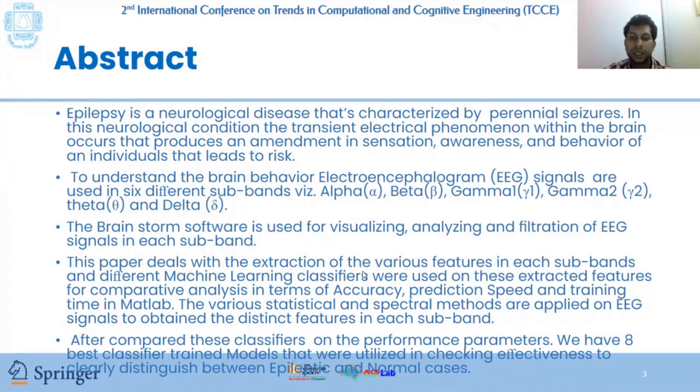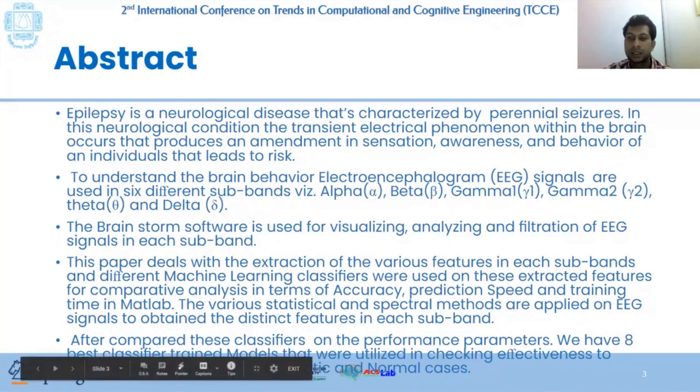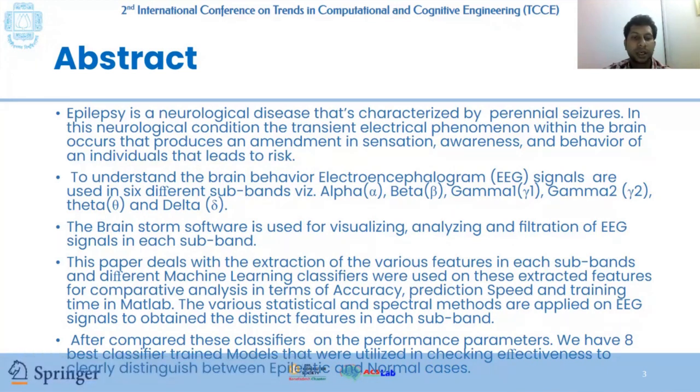This paper deals with the extraction of various features in each subband, and different machine learning classifiers were used on these extracted features for comparative analysis in terms of accuracy, prediction speed, and training time, done in MATLAB.